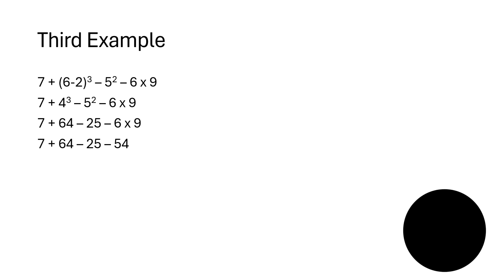We have no more multiply and divide, so we do add and subtract. We do 7 plus 64, which is 71, minus 25 minus 54. Then 71 minus 25 is 46, minus 54, and that is -8.